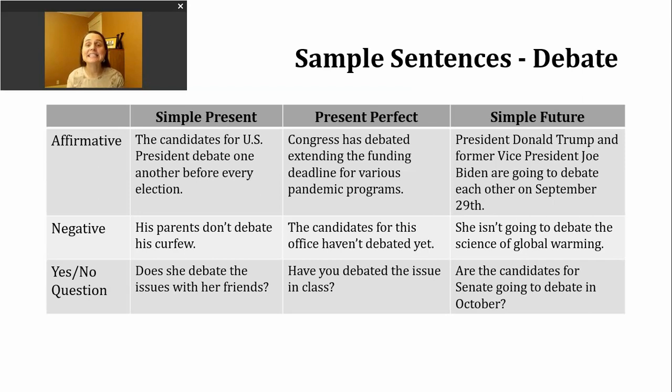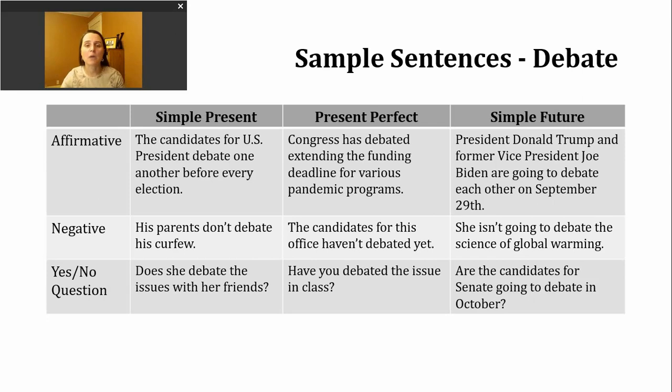Congress has debated extending the funding deadline for various pandemic programs. So this might go back to that second definition, right, of having these discussions in a public setting, like a legislative body, a legislative assembly, where one side maybe speaks for something.